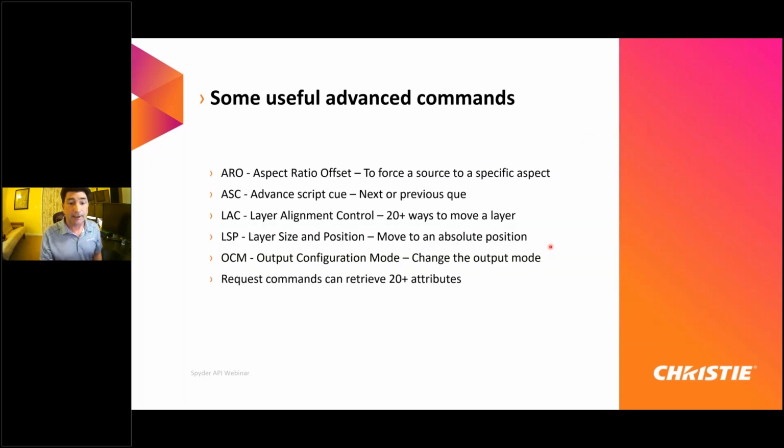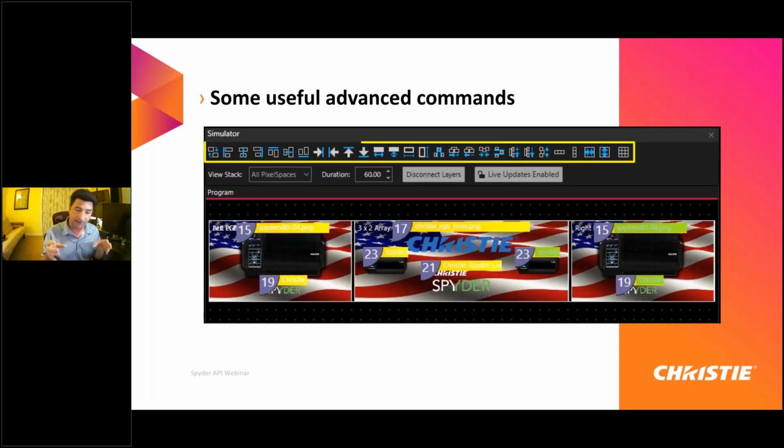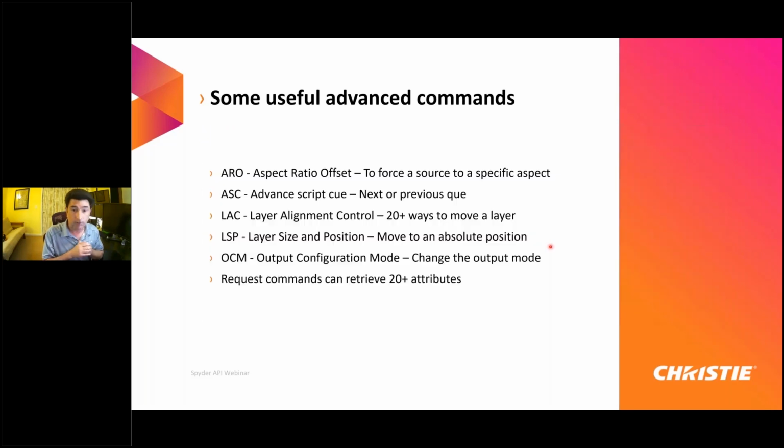We have LAC, so layer alignment control. So there's 20 or more different layer alignment controls that you can take a layer and snap it to the left or snap it to the right of the pixel space, and all sorts of things in between. That can be handy in some situations. Layer size and position is a really awesome one. So that's going to move your video window right to an absolute position within your pixel space, right?